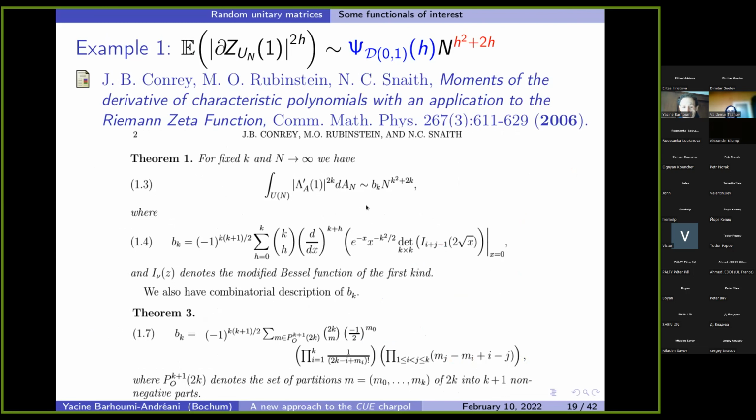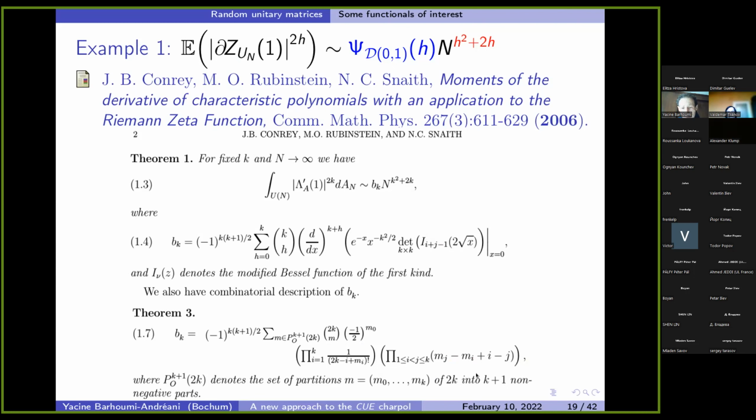You see this coefficient b_k, this is a sum of derivatives of a so-called Hankel determinant, not Toeplitz. Hankel means that you have i plus j. So you have a sum of Taylor coefficients of a Hankel determinant that involves the Bessel function, or you have a sum over partitions of the integer.